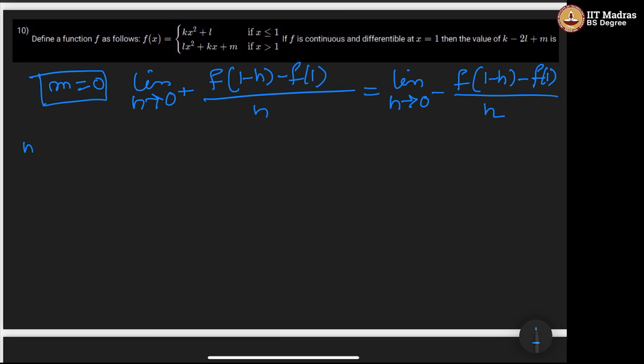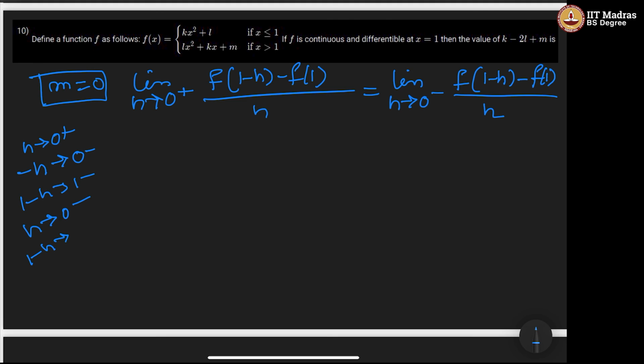So when h is tending to 0 plus, 1 minus h will be tending to 1 minus. Similarly, when h is tending to 0 minus, then 1 minus h will be tending to 1 plus. Okay, so we will apply the definition accordingly.